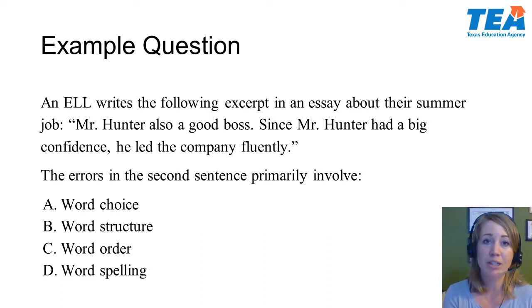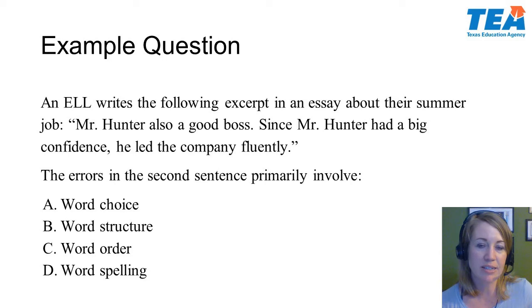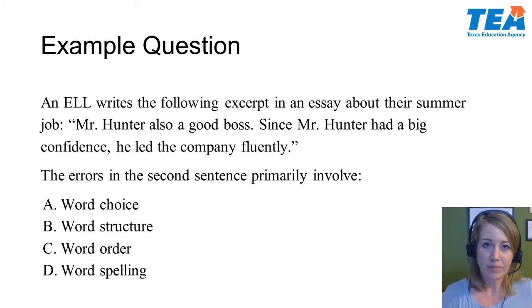Specifically, you need to read questions closely because it wants you to look at the errors in the second sentence. When I first looked at this question, I was trying to figure out what was wrong with the first sentence. That's not what it's asking. So you want to look at the second sentence, and then work your way through some of these options and figure out what you think it is. Word choice, word structure, word order, and spelling.